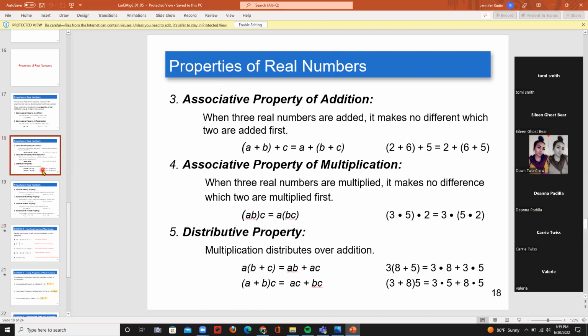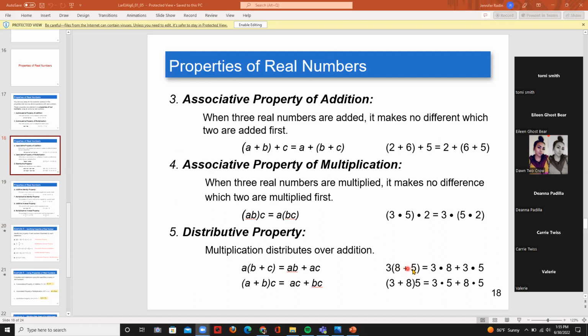Oh, how did I forget distributive? My bad. That's number 5 back here. Distributive is if you have a number just sitting outside the parentheses and there's adding or subtracting going on inside, then that number goes on through. So here with this one, let's look at 3 times the quantity 8 plus 5.